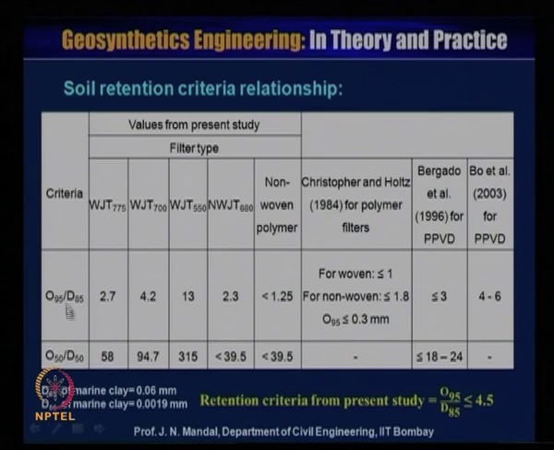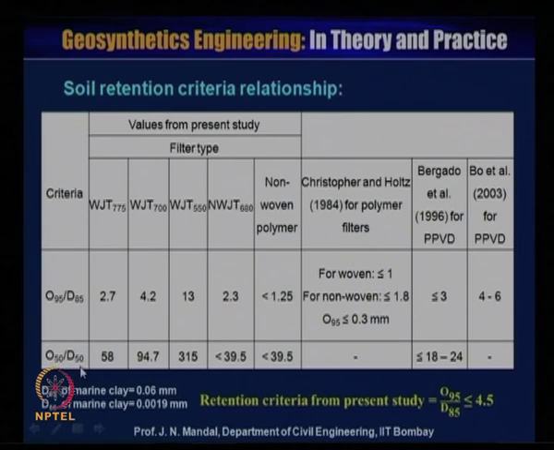You can see that the ratio O95 by D85 for natural is 2.7, for WJT 700 is 4.2, WJT 550 is 13, WJT 680 is 2.3, and for non-woven polymer it is less than 1.25.